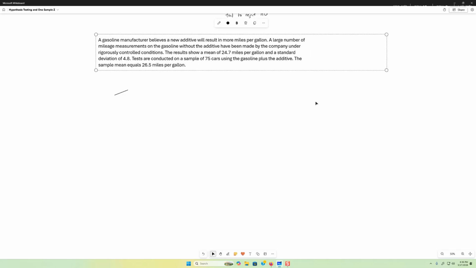A gasoline manufacturer believes a new additive will result in more miles per gallon. So we see "more" here. That's going to be directional.